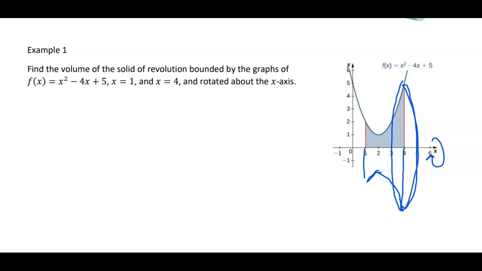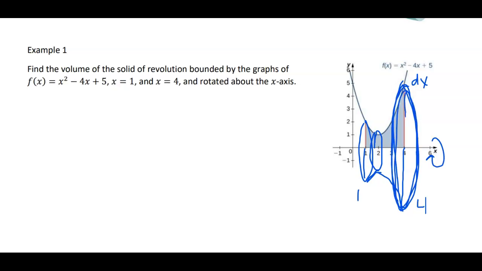This is a disk, and you could do this multiple times. Like right here, this would be the disk that goes around this way, right? There'd be a disk over here. And so in order to find the volume, we need to add up the disks from x equals 1 to x equals 4. Well, we're going to add up the thickness, which is going to be our dx, because that's what we call the width of our disk here.